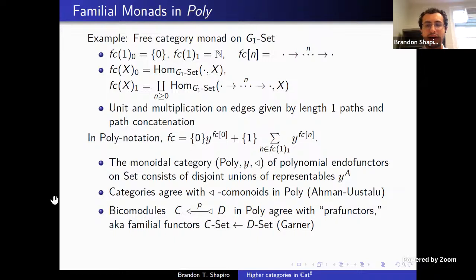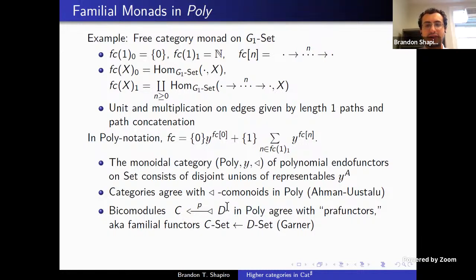All of the maps point in the opposite directions, and it satisfies similar equations. So P would be a polynomial functor with a left coaction by this comonoid C and a right coaction by this comonoid D.